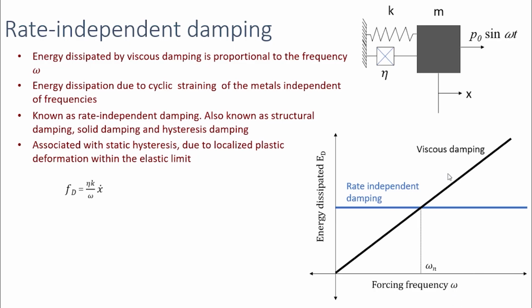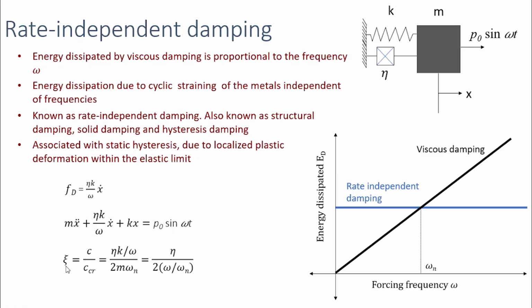These two energy dissipations become equal when omega is equal to omega n, that is, when the forcing frequency is equal to the natural frequency. This is the equation of motion when we consider rate independent damping. The viscous damping coefficient C is replaced by eta k by omega, where omega is the forcing frequency.